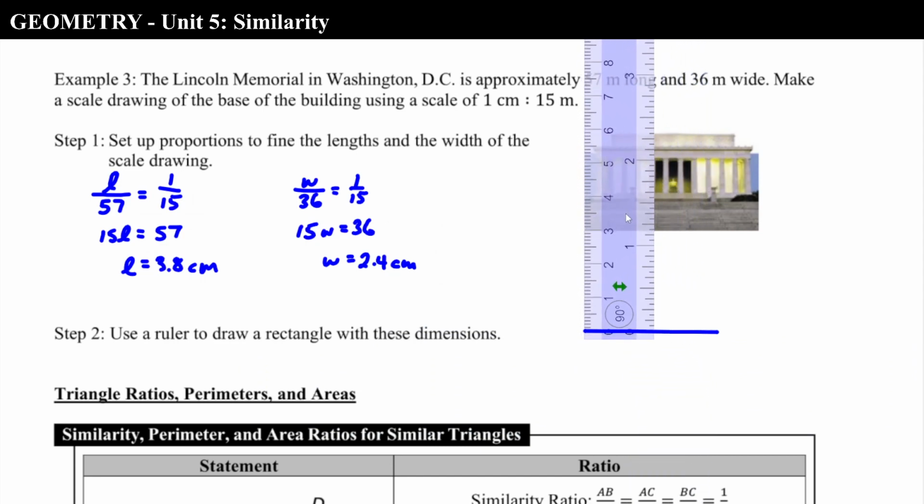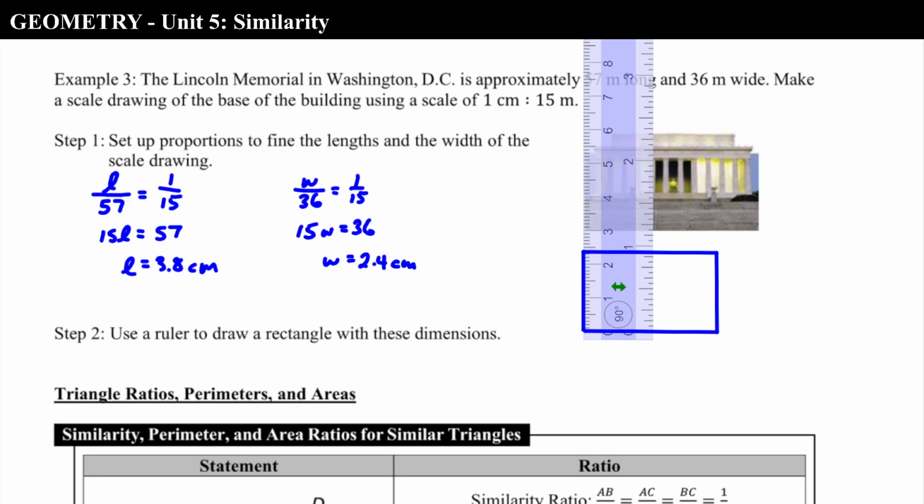Okay, so here is my rotated ruler. I'm going to just bring it over here. And I'm going to do my width of 2.4 centimeters. So let's get that. 2.4 would be about here. And then I can just finish off my scale from there.